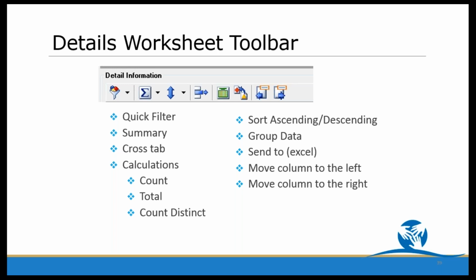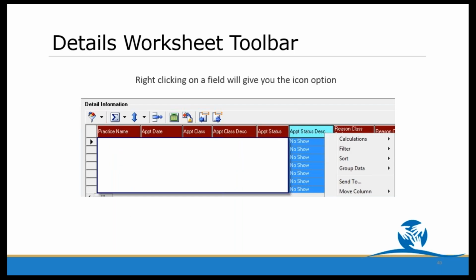I am one of those people that use PA with the details and the summary to get my output instead of Excel. Some people are super good in Excel and can do amazing things with their reports. So all they do is they grab all of their detailed information that they want, pull it into Excel, and then do their pivot tables or whatever they want to do within Excel. Total user preference, whatever you wish to do.